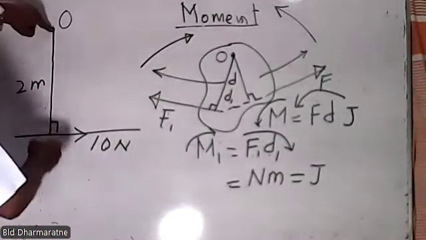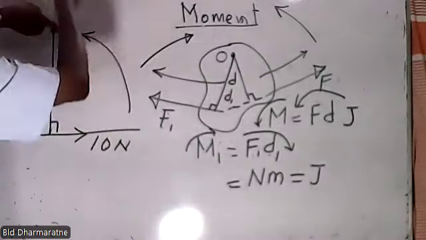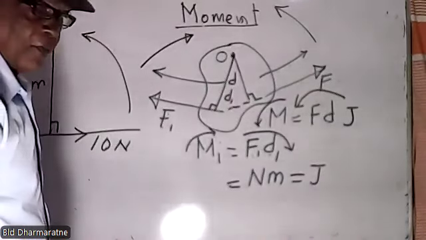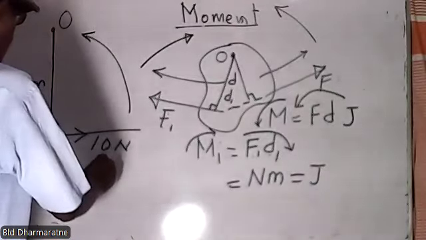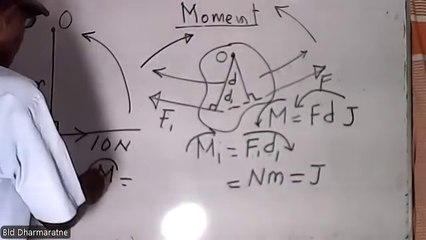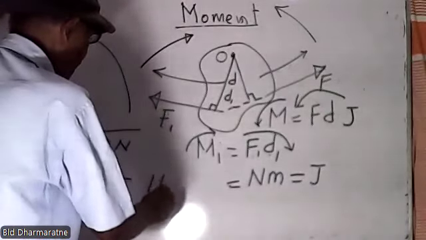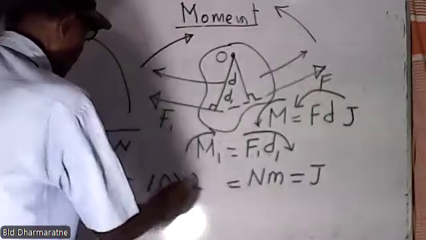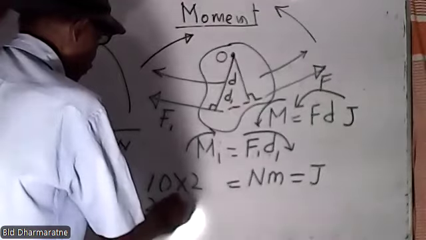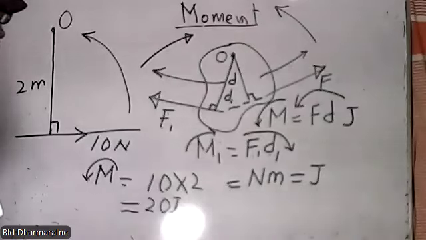If it is fixed and the force is applied, it rotates in the anti-clockwise direction about O. The moment equals force into perpendicular distance, which is 10 into 2, equals 20 Newton meter, that is 20 Joule.